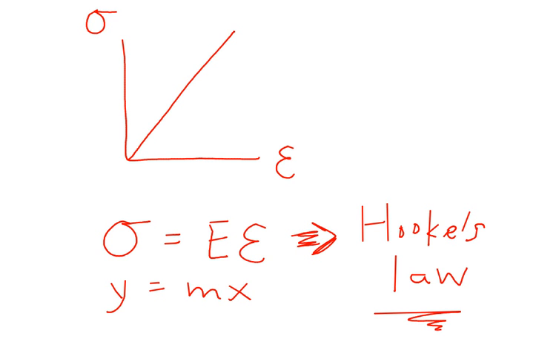And most materials obey this law up to a certain extent. This is a very, very important equation, and the great thing about it is it's really simple. It's a straight line, and all you really need is the slope of that line, or Young's modulus. We said that Young's modulus is actually a material property.